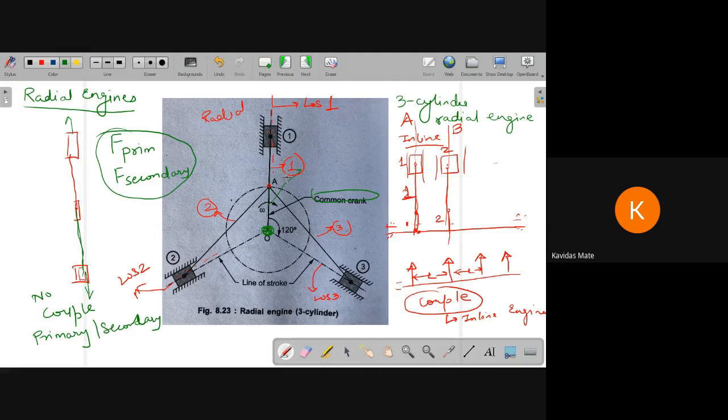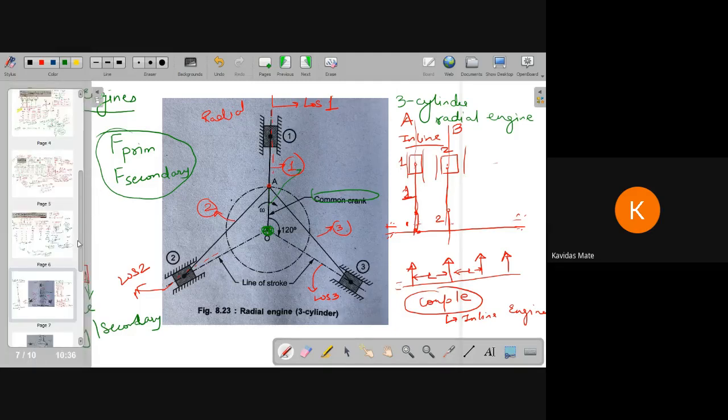So can you mention why we are using radial engines there, and in commercial vehicles, why are we using inline engines? What may be the drawbacks? What may be the advantages between radial and inline engines? That is an assignment for you. You can find it out and answer in the chat box, or you can text me on my WhatsApp.